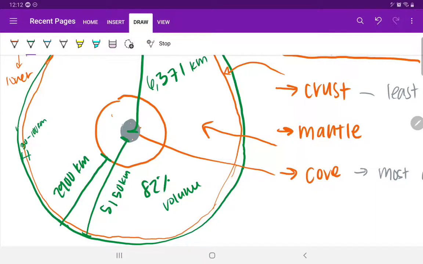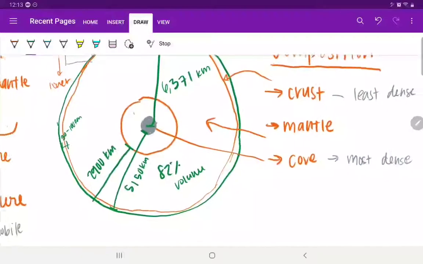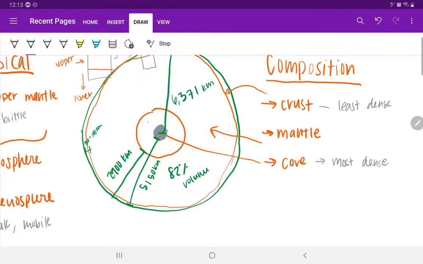So you can see it's roughly 2,250 kilometers. And then we have the inner core. The inner core goes from this 5,150 to the 6,371. And yeah, because I can't draw the diagrams to scale, that's just a little bit more information to help you visualize what the Earth's inner structures look like.